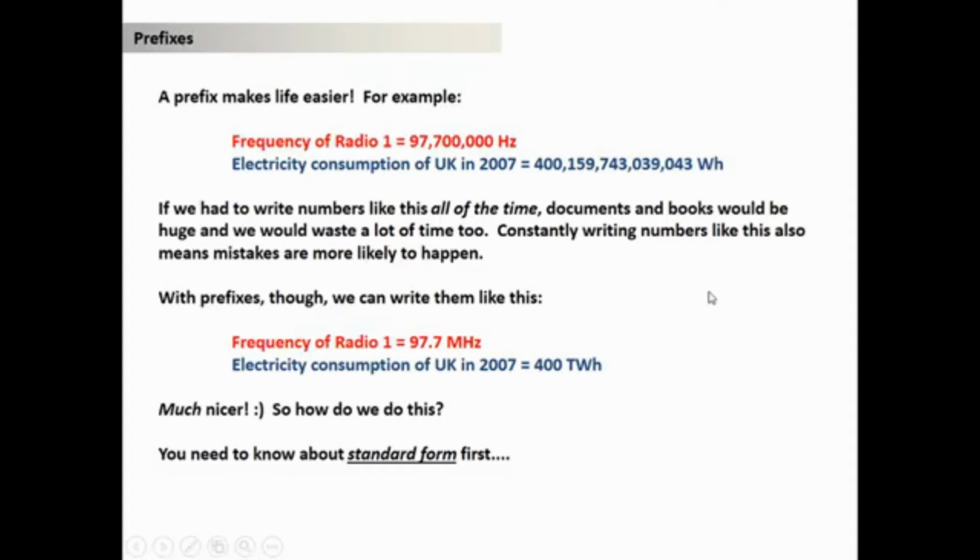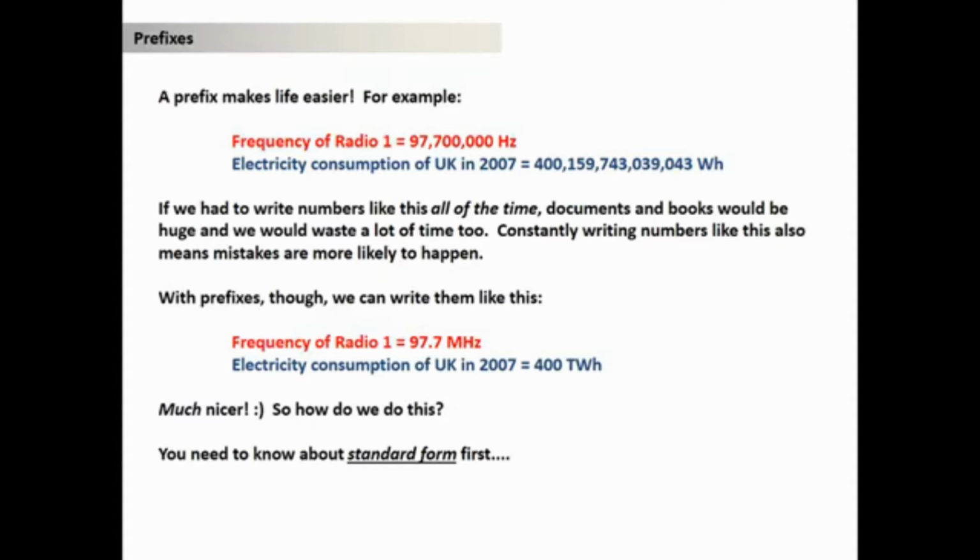If we had to write numbers like this, the documents and books would be huge. We would waste a lot of time and effort to just do this. Constantly writing numbers like this also means mistakes are more likely to happen.